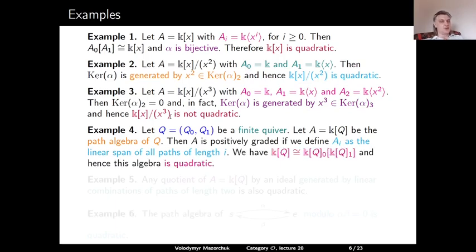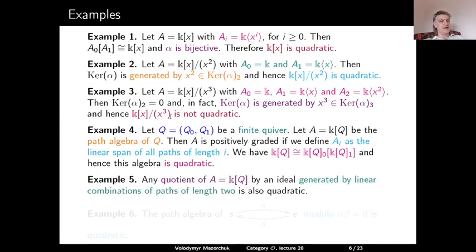So the path algebra of Q in this case is isomorphic to the tensor algebra of the bimodule KQ1 over KQ0, and hence this algebra is quadratic for trivial reasons. And any quotient of this algebra by an ideal generated by linear combinations of paths of length 2 is also a quadratic algebra.